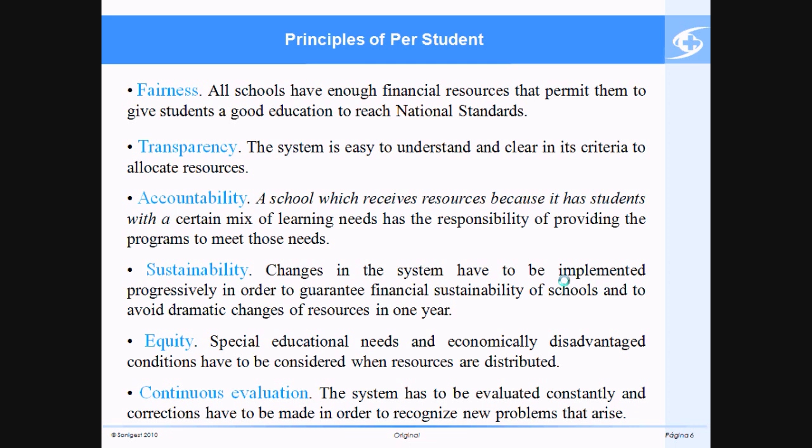In this regard, equity does not necessarily mean equal, but equity means that you get a fair share according to your needs. Finally, the system must have built-in continuous evaluation. It has to be a system that can be evaluated and can be adjusted constantly over time to ensure that it is at all times achieving the objectives for which it is intended.